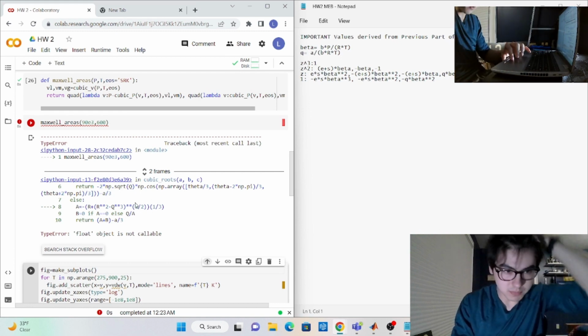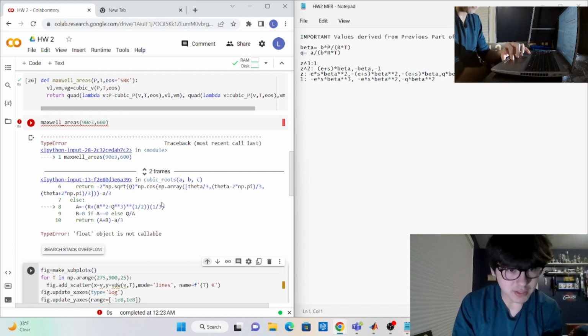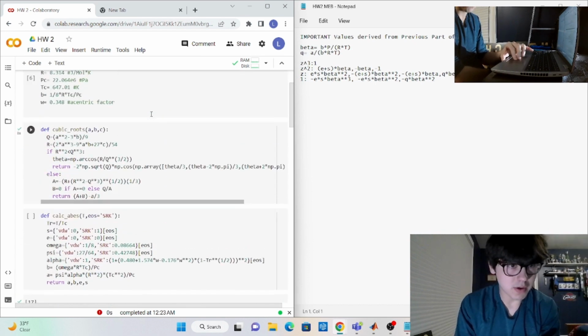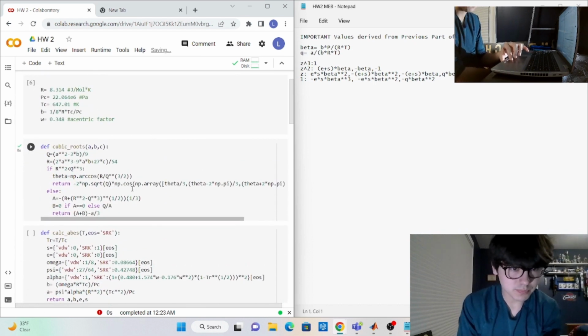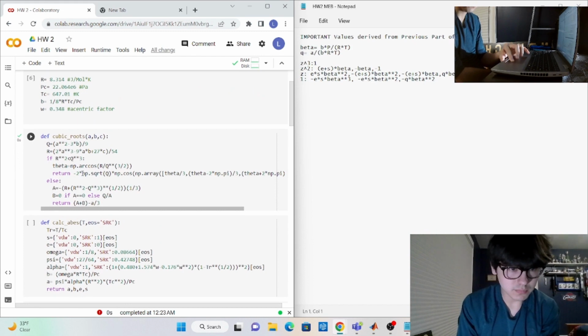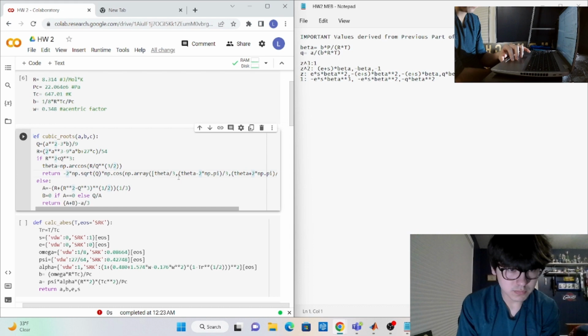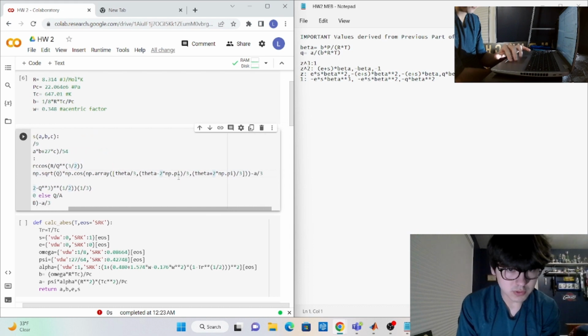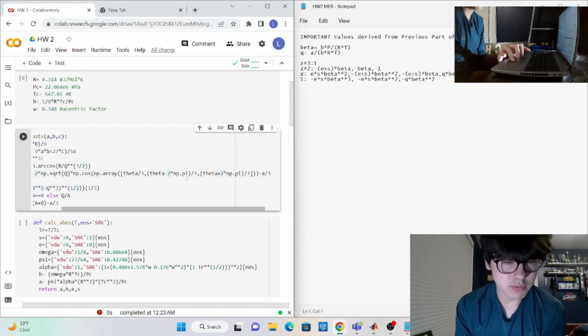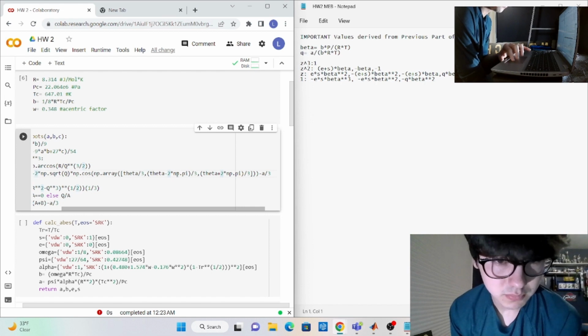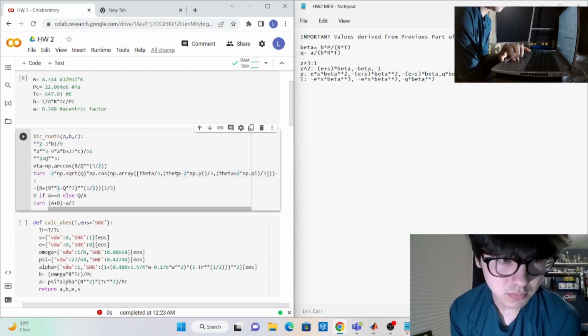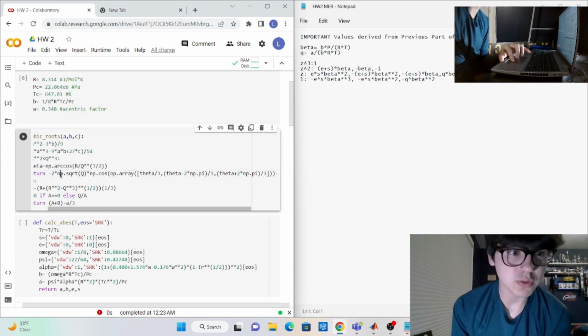What's wrong with this? Float object is not callable. Go all the way back up here to cubic roots. What's wrong with our function? Negative 2 times n plus 1.